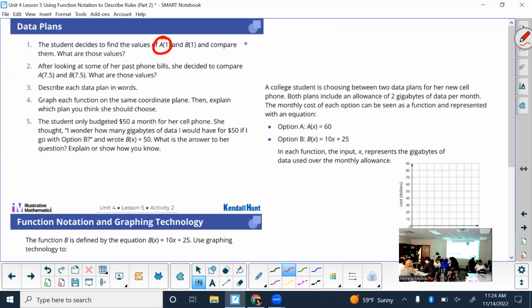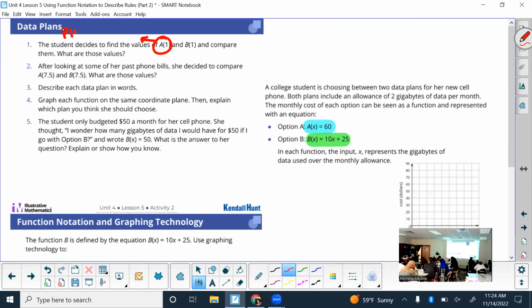So is it A times 1? No, here's the functions again. Here's option A and option B. If I'm telling you to find A of 1, what am I telling you to do? Kind of, so, what am I telling you to do with the 1?